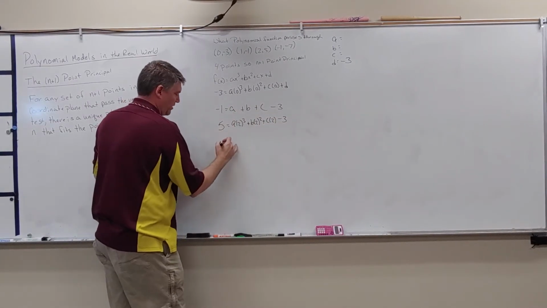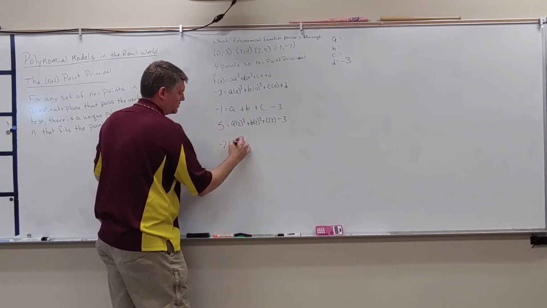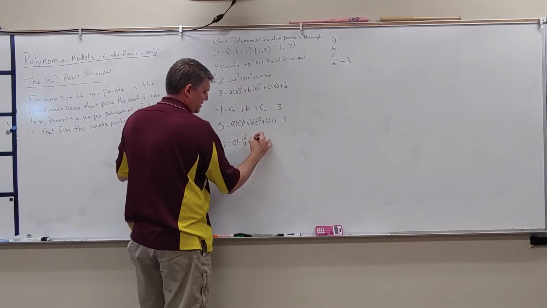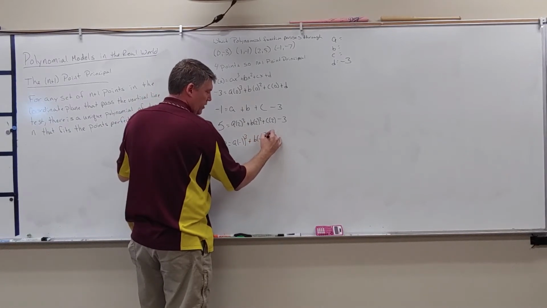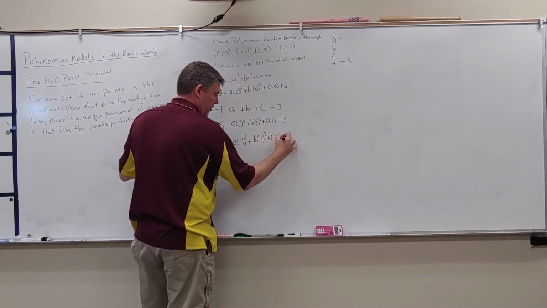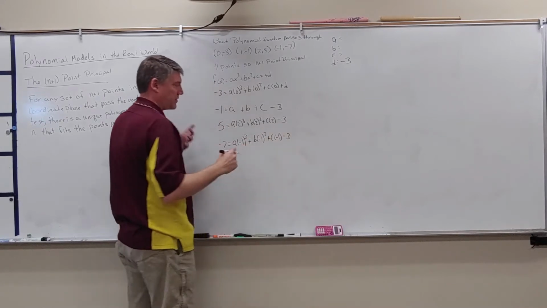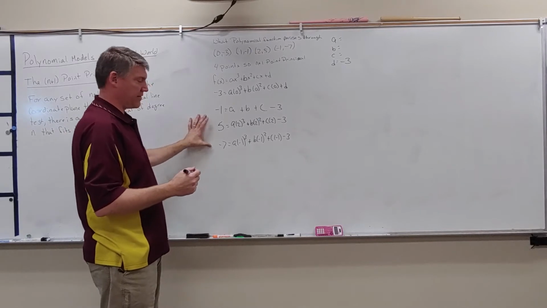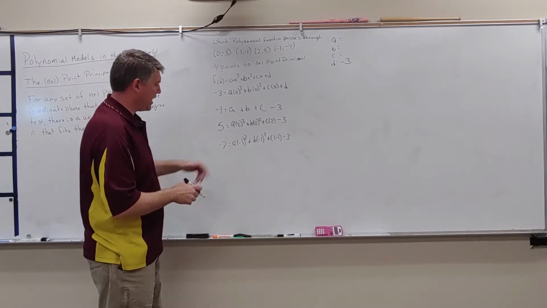And I'm going to plug in -1. So -7 equals a times (-1) cubed plus b times (-1) squared plus c times -1 minus 3. Okay? So I'm going to add 3 over here and then simplify this.